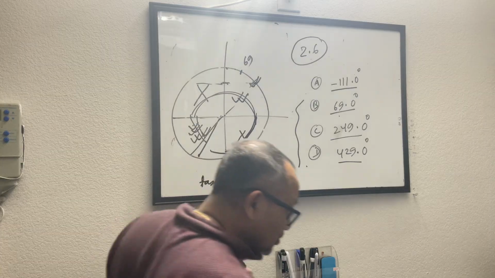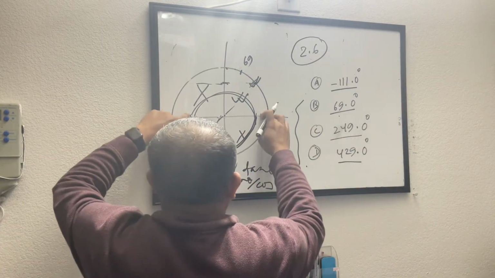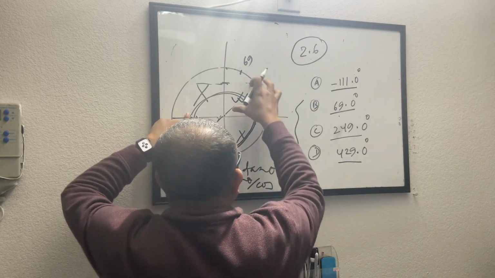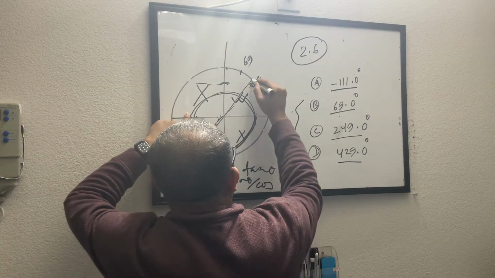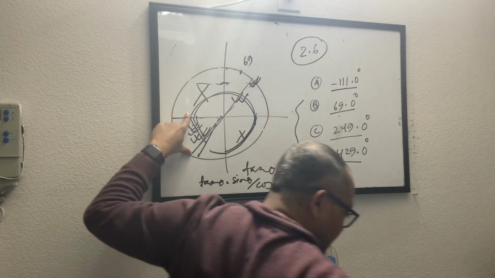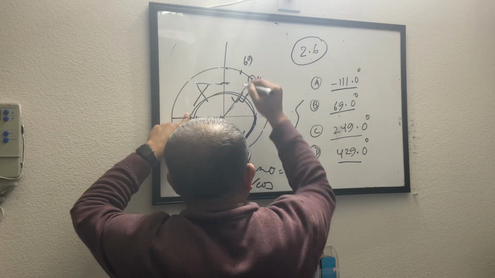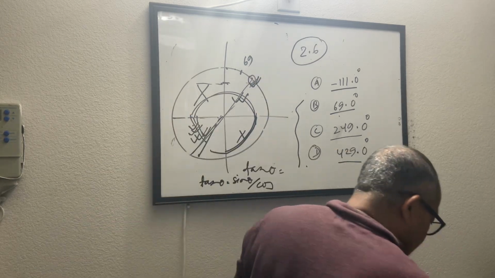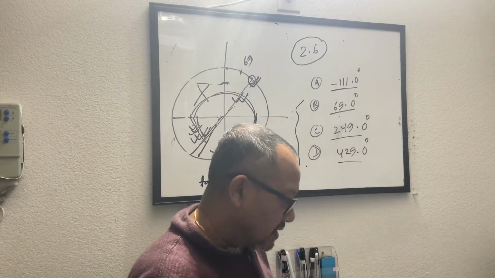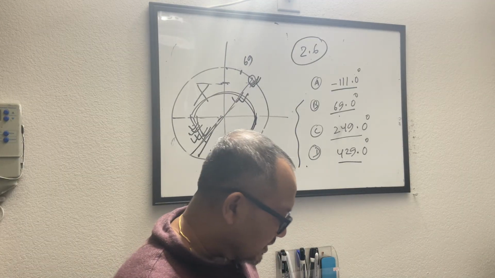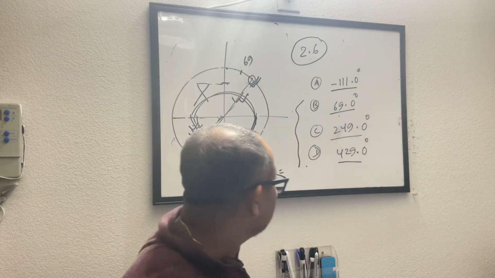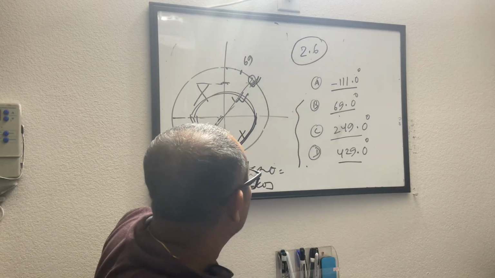So 249, 180 plus 69. This is 69. So these two are same. And then 429 is 360 plus 69. So same place. Okay. So we are seeing three of them resulting into the same value.